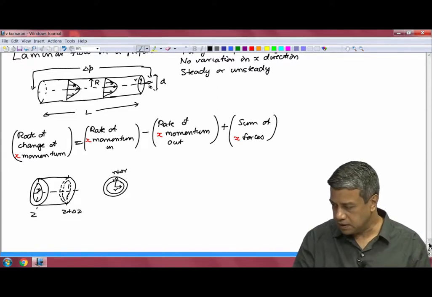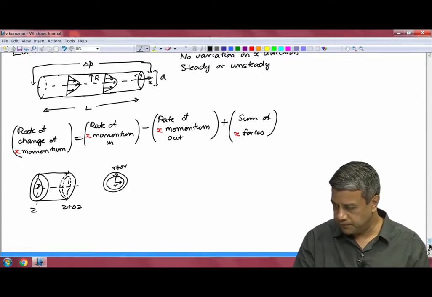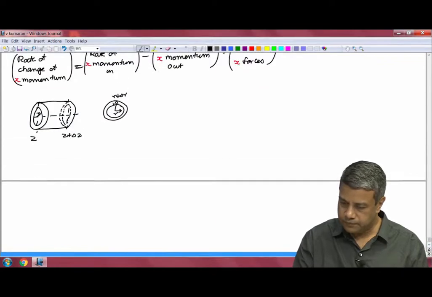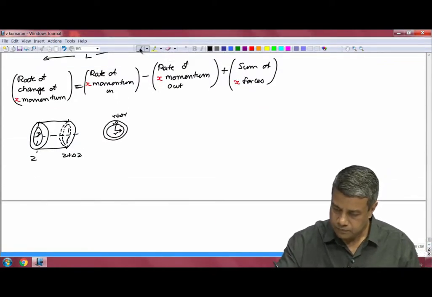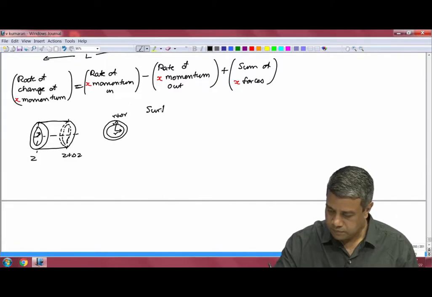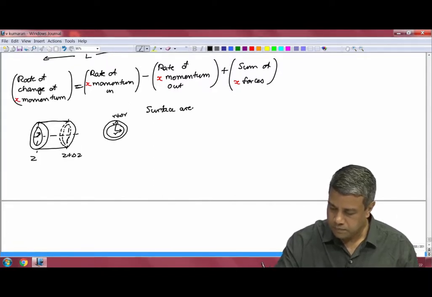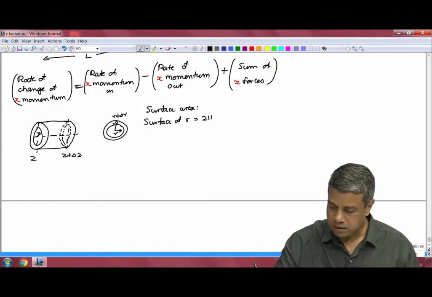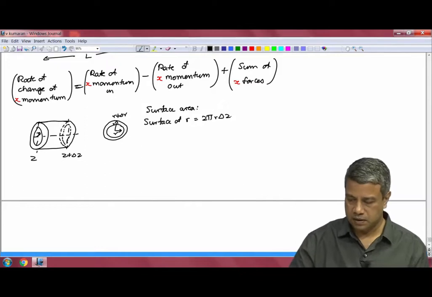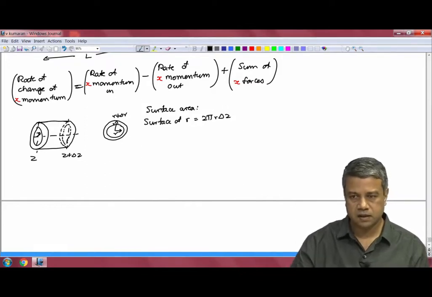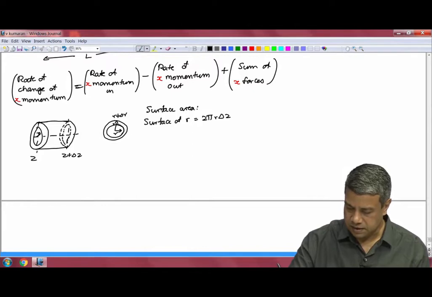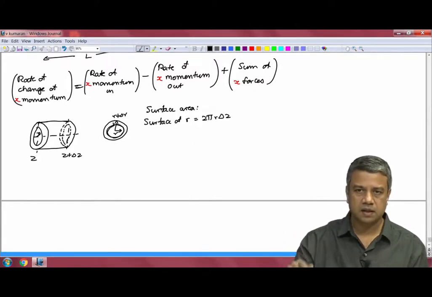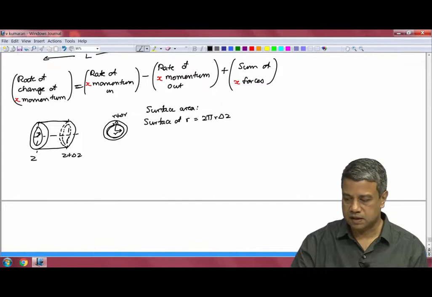So, let us write here the surface areas. The surface at r is equal to 2 pi r delta z. The cylindrical surface at the radius r has surface area 2 pi r times the differential length in the axial direction delta z.